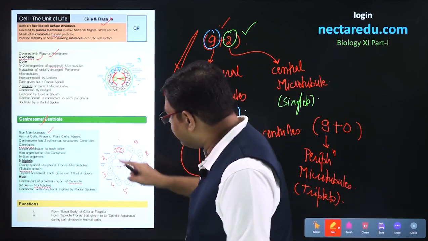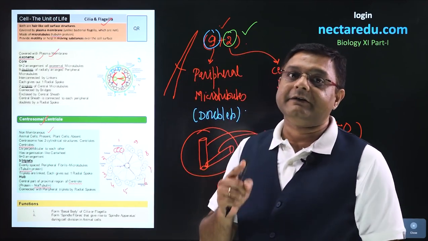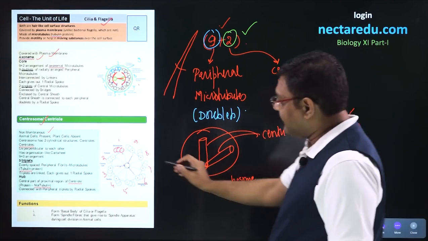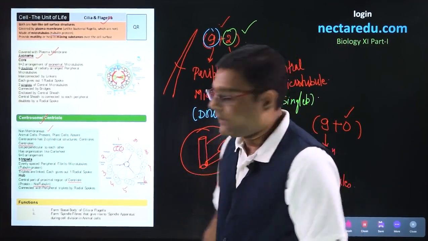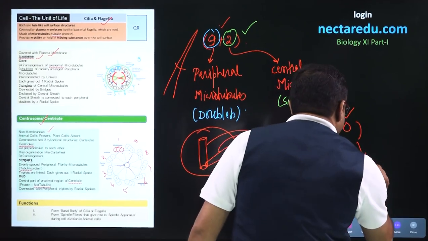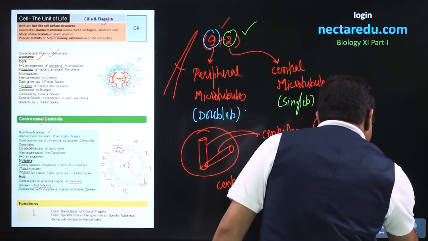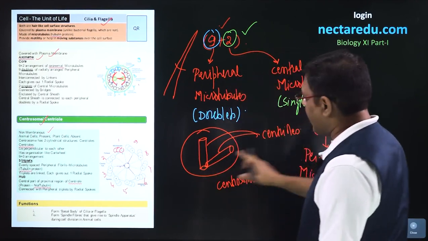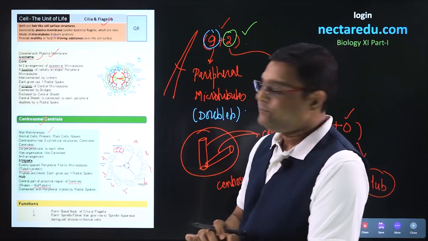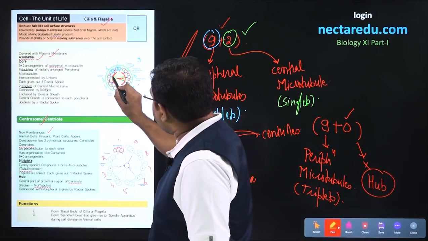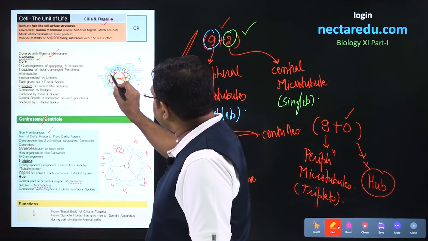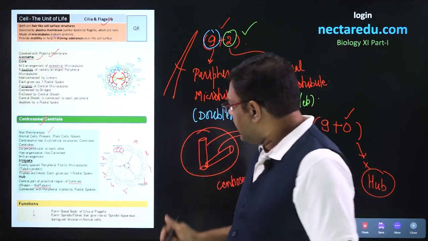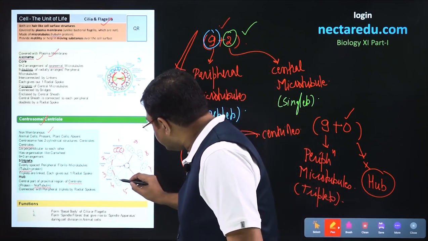Now coming to the central part, here the central part does not have any microtubule, and that is why we call it 0, and the central part is called hub over here. So the central part does not have any microtubule and it is referred to by the term hub. That is how the 9 plus 0 structure comes. As we had seen that there the peripheral microtubules were joined by linkers, here also these are joined by linkers.